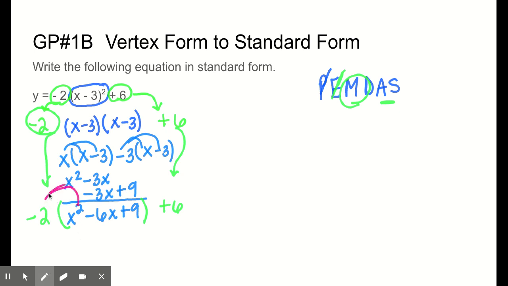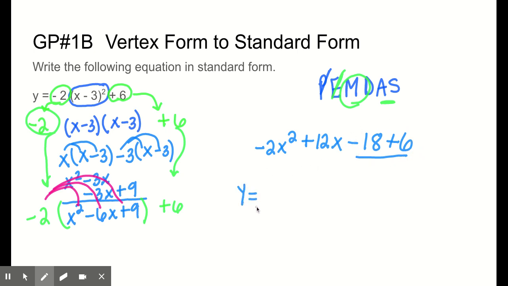So I'm going to distribute the negative 2 to all 3 of these terms. When I do that, I get negative 2x squared. Negative 2 times negative 6 is a positive 12x. And negative 2 times positive 9 is a negative 18. And now that I've taken care of everything else, I can go ahead and add that 6 onto the 18.